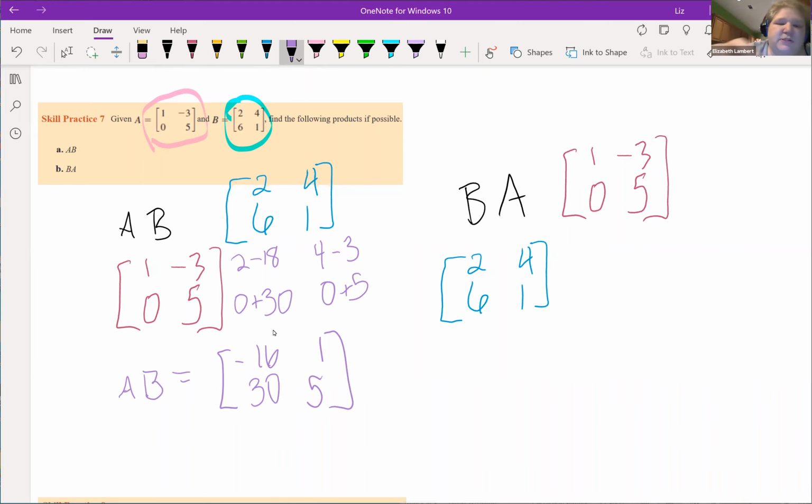All right, let's see what happens over here with BA. So now I'm taking the column 1, 0, and it's going to crash through these 2 floors. So that is going to be 2 times 1 is 2, plus 4 times 0 is 0. And then 1, 0 crashing through to the 6, 1. 1 times 6 is 6. 0 times 1 is 0.